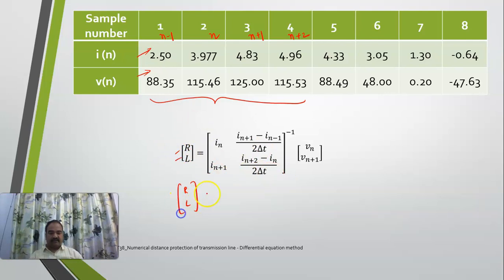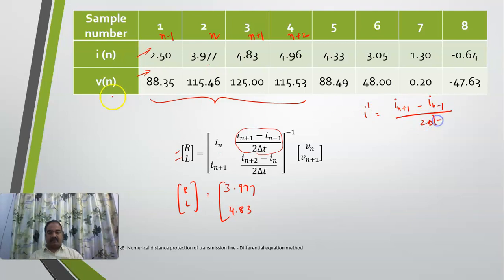Here IN is 3.977, IN plus 1 is 4.83, and this is I dash. I dash I will calculate as IN plus 1 minus IN minus 1 by 2 delta t. How is delta t obtained? Delta t is 1 by sampling frequency, 1 by 800, which is 0.00125.